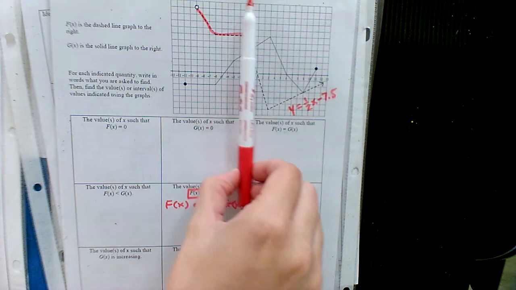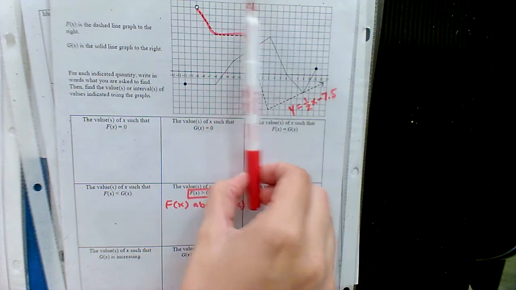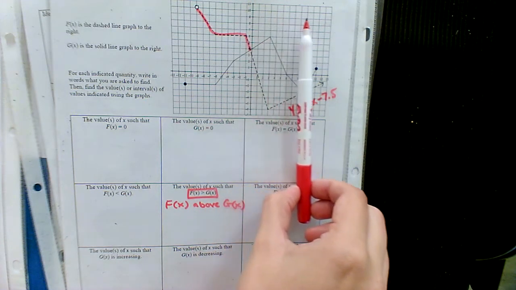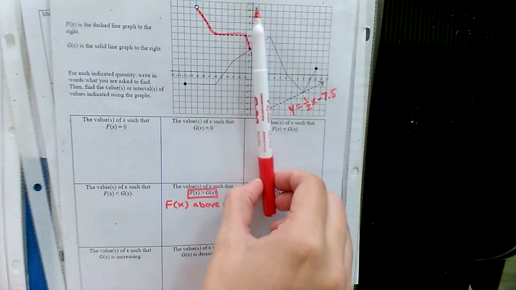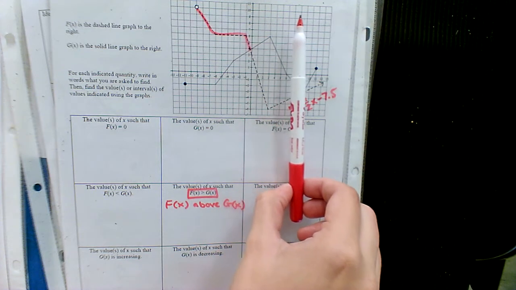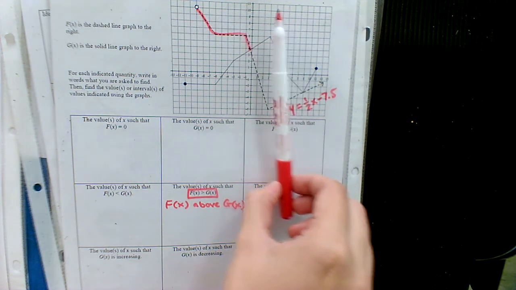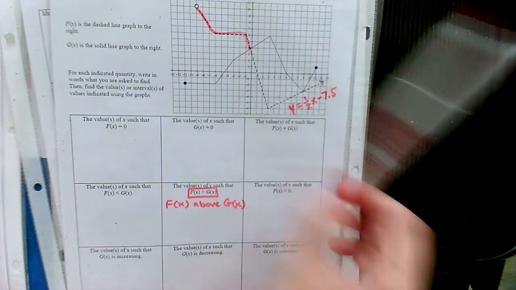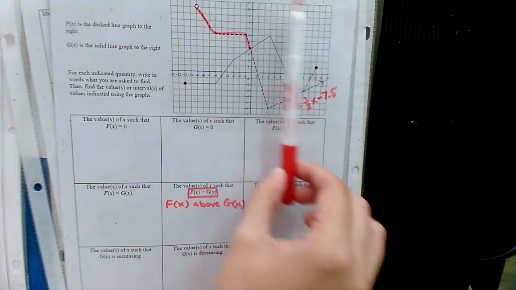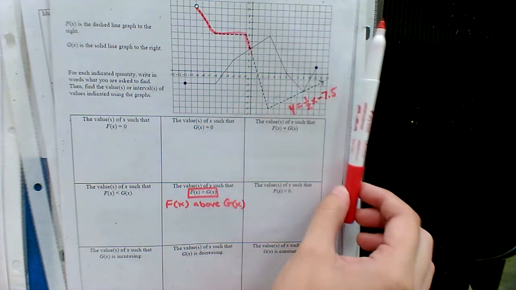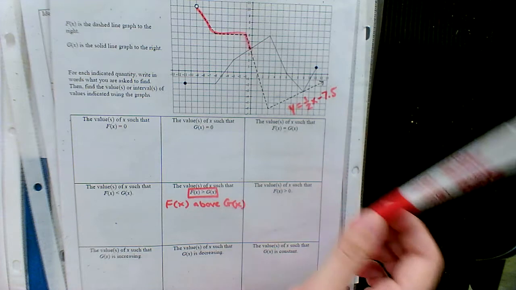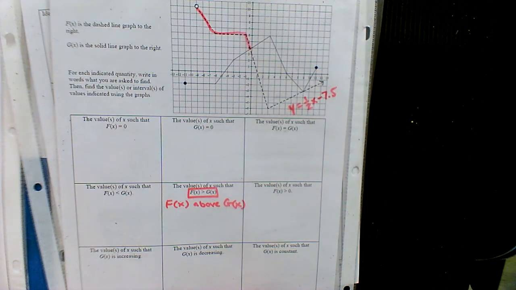As you continue to drag your pencil across, I don't know if we get any other place where the dotted is above the solid. Notice how the solid one ends at 11. It has that closed circle. So that's where our comparison would have to stop, because if one of them ends, you don't have anything left to compare to.